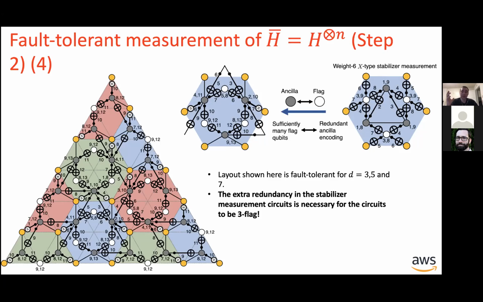So typically in magic state distillation, you choose the distance based on the fidelity of the magic states that you want. Say you want a magic state with a particular failure rate, you would choose a distance such that the failure rate of your Clifford gates are less than or equal to the failure rate of the magic states that you want. But here, that's not going to be necessary because these circuits are fault tolerant. And as I'll show you in the last slide, we can get very, very low failure rates in magic states using very small distances in this whole protocol.